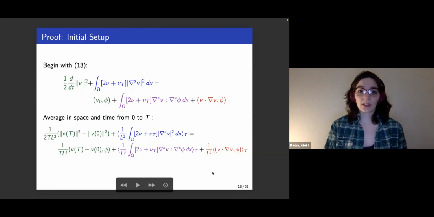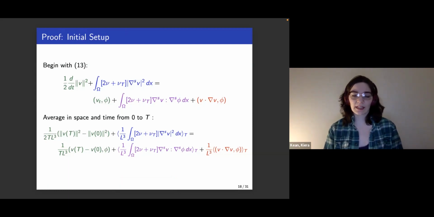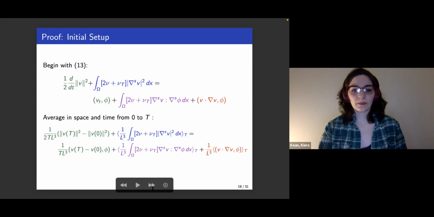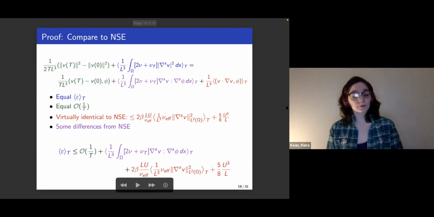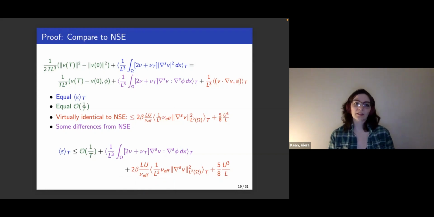So we start with the energy, and we'll average in space and in time. So finite time average for now. And then we'll compare the analysis to the analysis in the Navier-Stokes case, as I said.